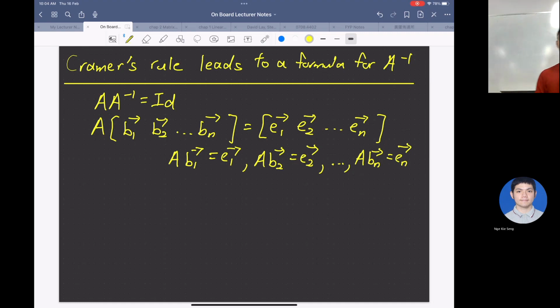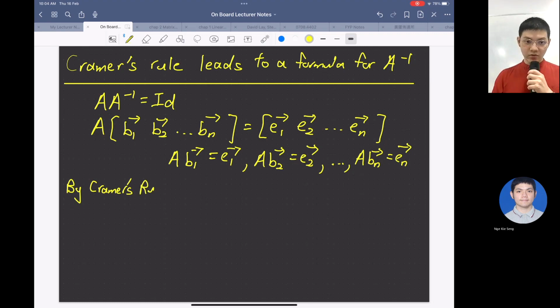What should we do? By Cramer's rule, we can compute the entries. How should I name them?